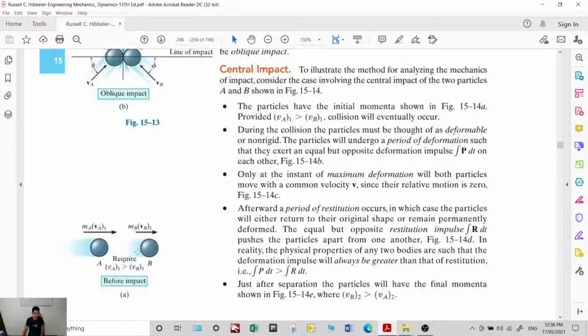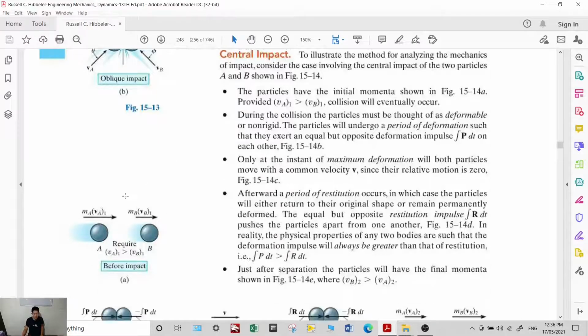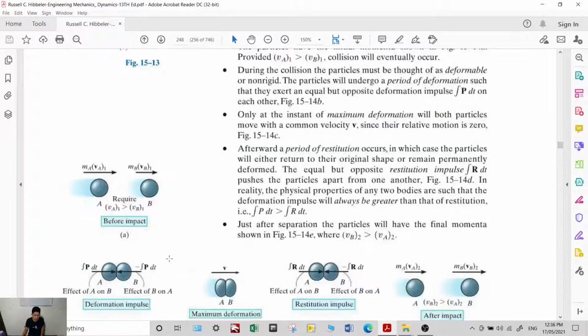Okay, so this is before the impact. Now, during impact, during the collision, we can assume that your particles are deformable or non-rigid bodies. In this scenario, we will assume that the objects deform.